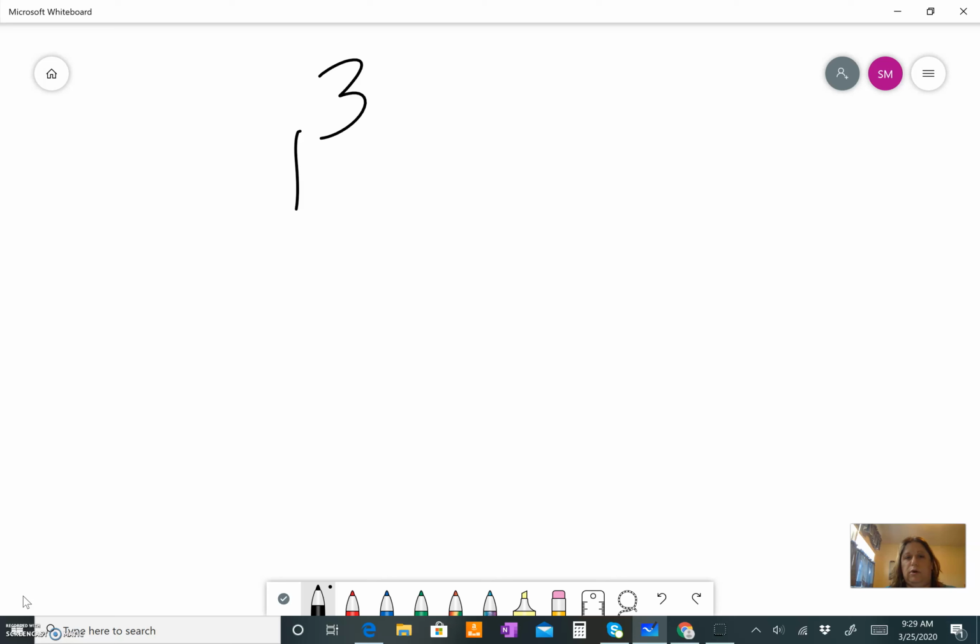My base is 1, so that's the number I'm multiplying by, and in this case it's telling us to multiply 3 times. 1 times 1 times 1. Think multiplication: 1 times 1 is 1, and that answer times the other 1 is still 1. A lot of people mess up with ones because they start counting. Be careful with that. Ones is a tricky number because you look at it and think, oh, there are how many ones? It's not. The answer is always 1.